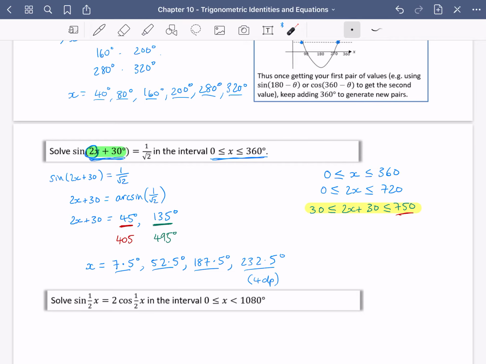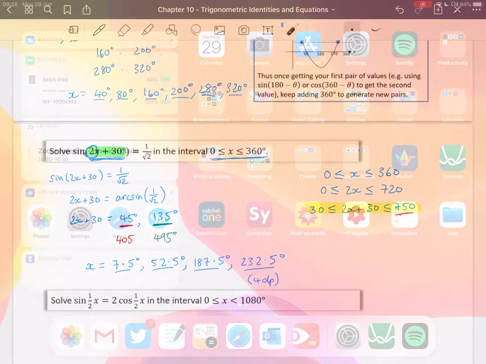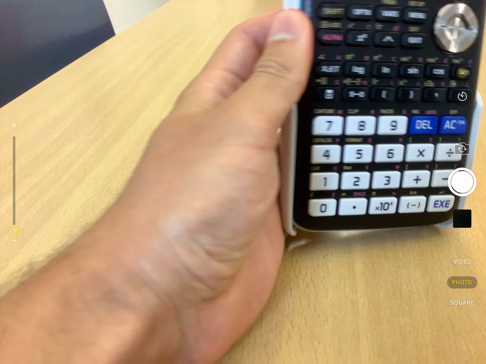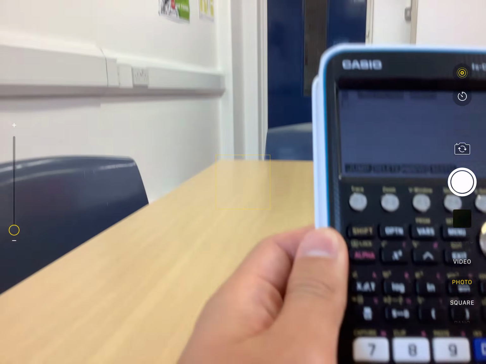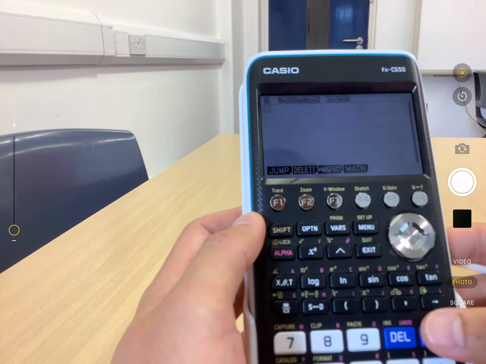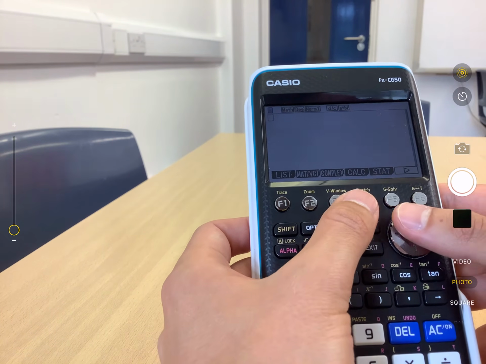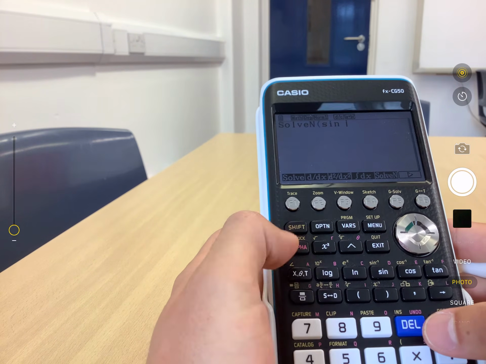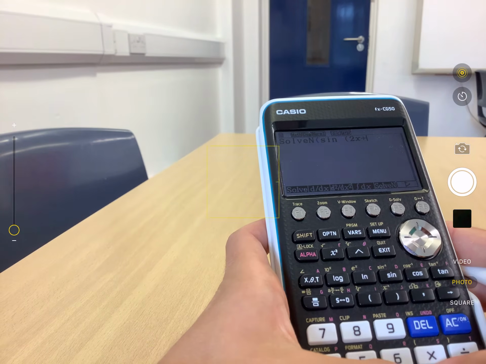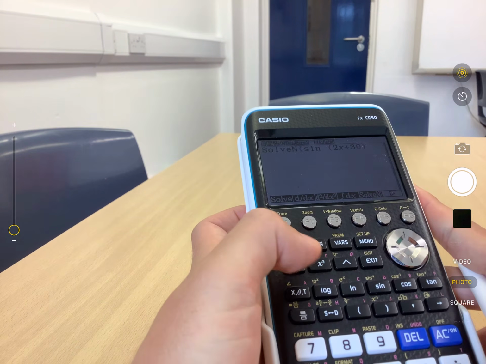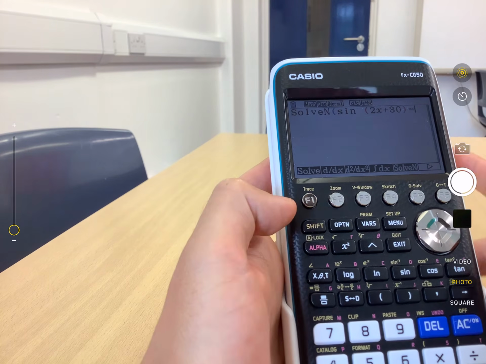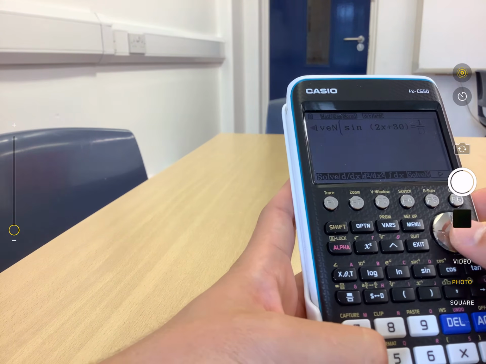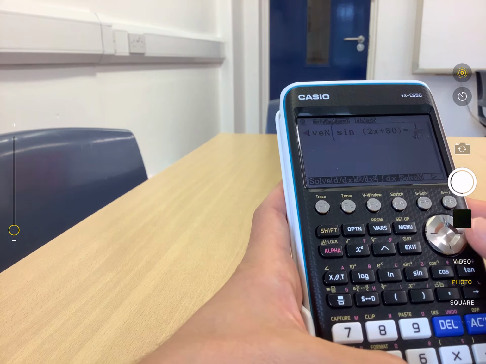So I'm just going to confirm that using my calculator that I've got this equation correct. So I'm going to remind us now of my graphics calculator, how we can do some of these things here. So the equation was, let's go back to, so it's going to be options, calc, and solve n, and our equation was the sine of 2x plus 30 is equal to 1 over root 2.